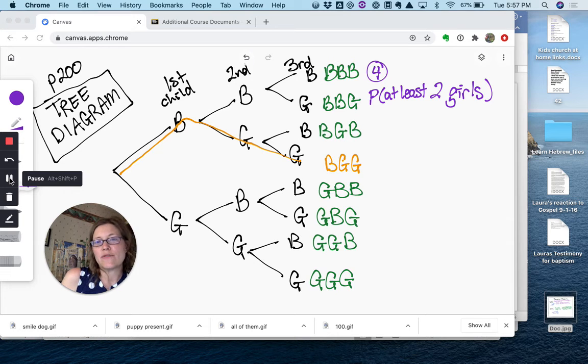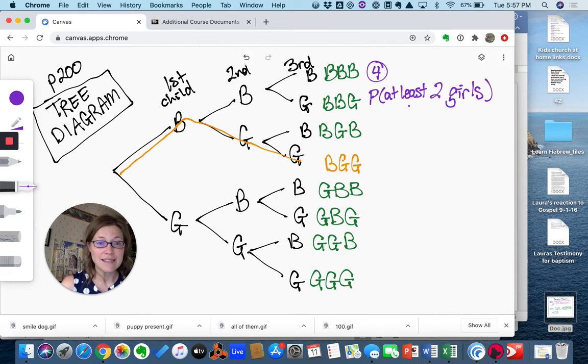Number 4 asks us for the probability of at least 2 girls. Now, at first we might think, oh, well, this is just the same as the last one. We're just doing girls instead of boys. But it's not. Do you see the big difference? This would be different even if it said at least 2 boys. The difference is this at least. That's different than exactly. At least means it could be exactly.